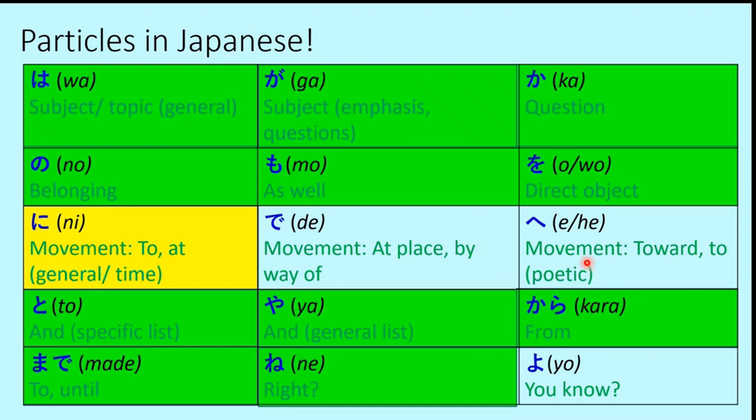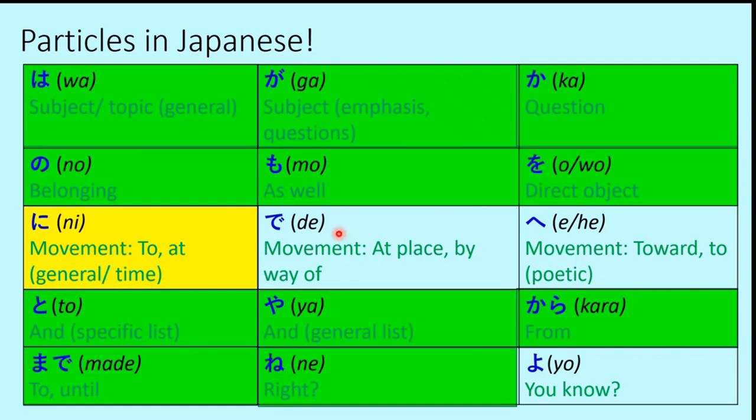All three particles indicate movement in some form or the other, but there are certain differences between the three. For example, ni indicates a destination, direction of movement, or location of existence. It is also used to indicate time of the verb.